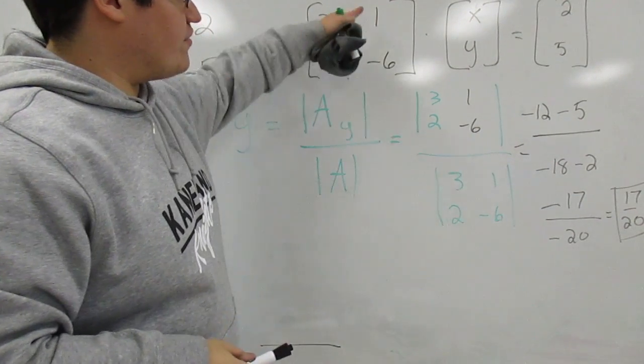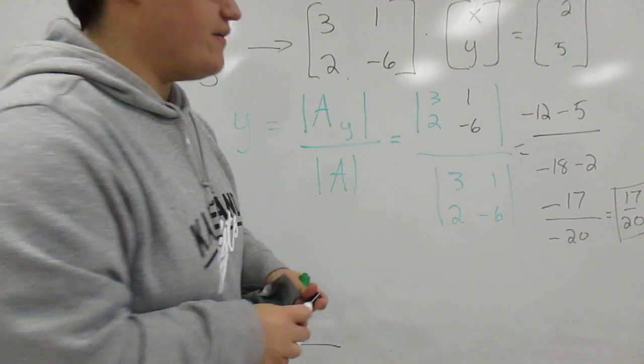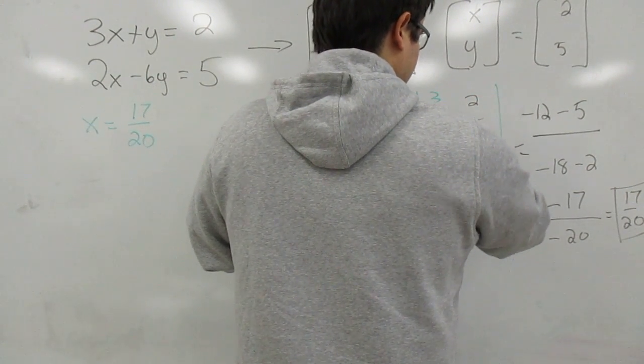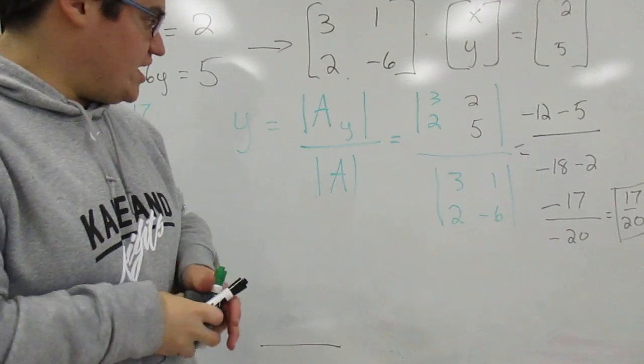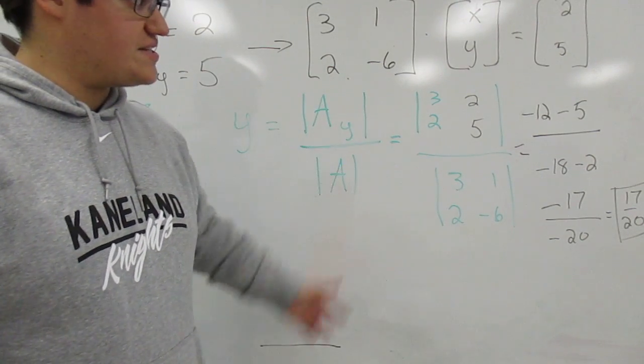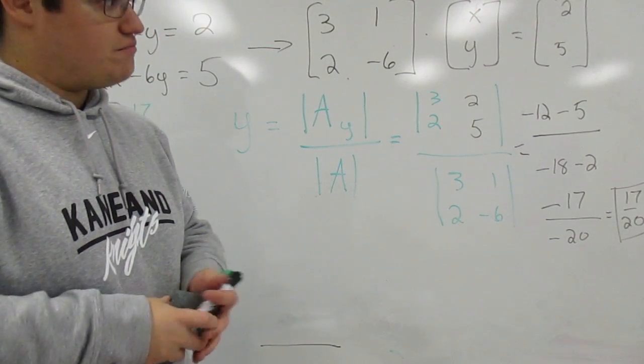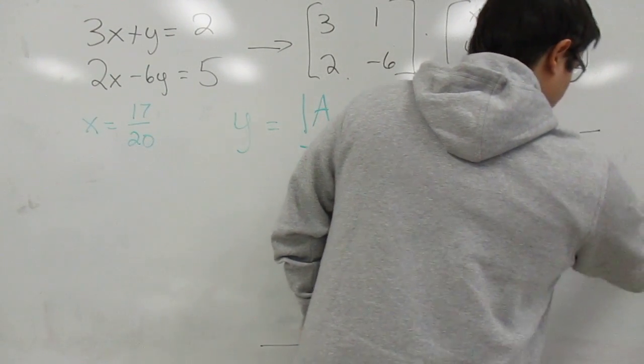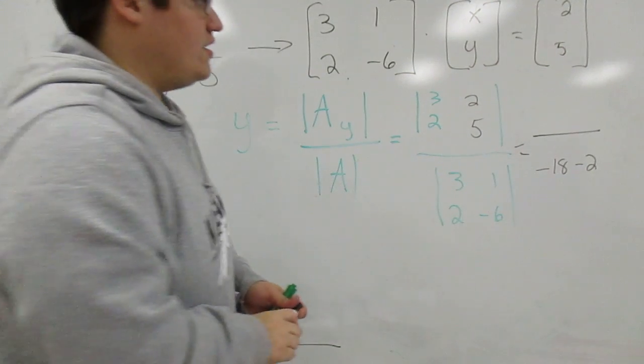And now, instead of the 1 and negative 6, I'm going to replace it with 2 and 5. Okay. The nice thing about this, determinant of a stays the same. Still going to be negative 20. That's nice.